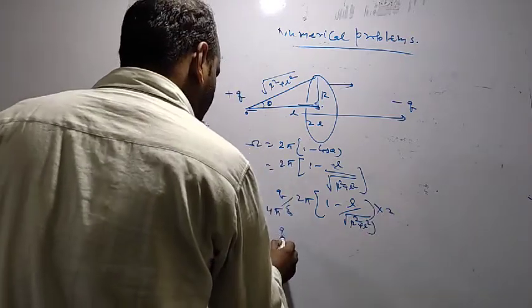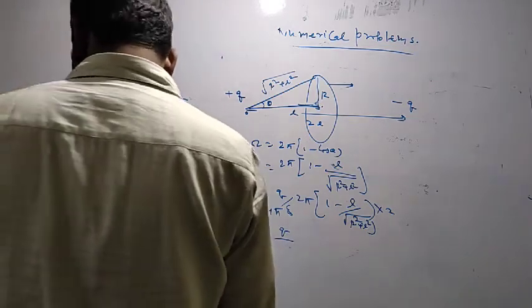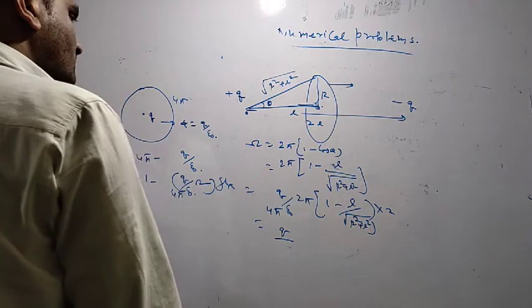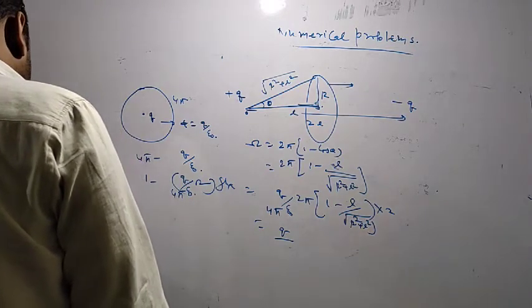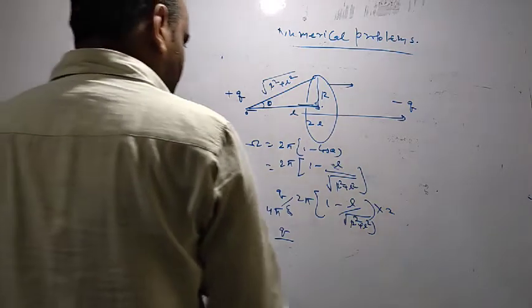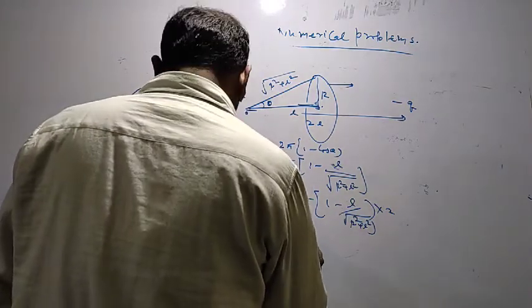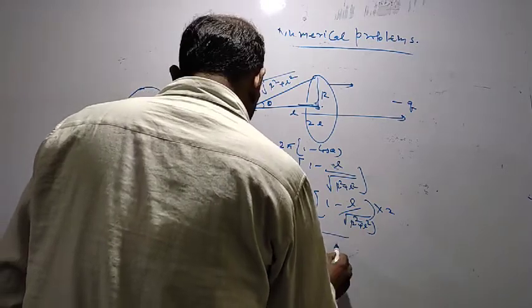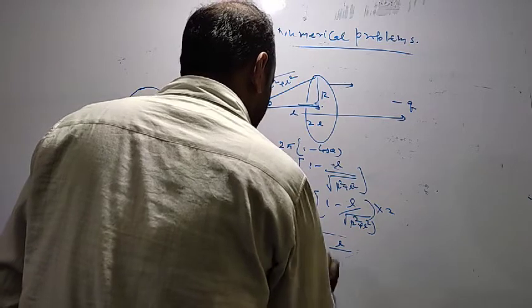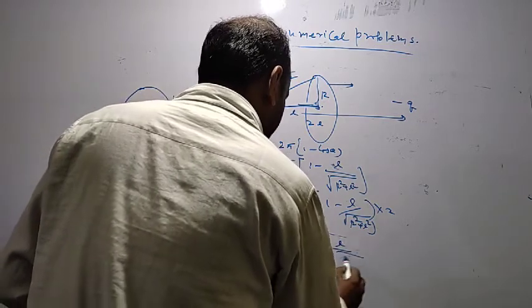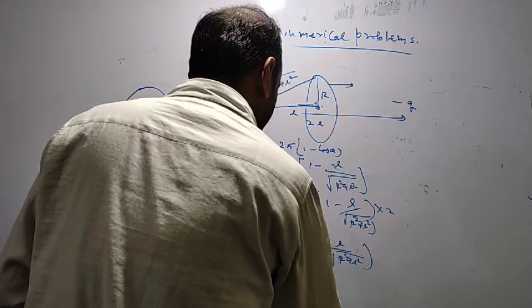Now you have Q which is going to be cancelled out, under root 1 minus L, sorry, not under root here, R square plus R square.